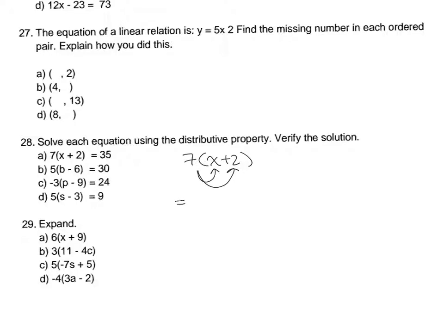So this actually gives us 7 times x, which is 7x, and then plus 7 times 2, which is 14. Some of you have left it as 7x plus 7 times 2, but we know what 7 times 2 is, right? So simplify it as much as we can, like this, okay? So 7x plus 14 is what the distributive property gives us, and then that's equal to 35, and then from there you're going to solve for x, okay?